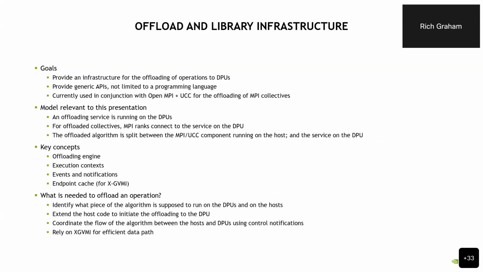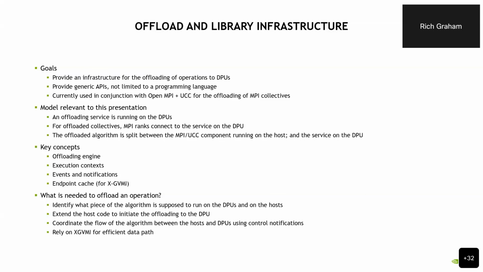From an offloading library infrastructure perspective, the goal is first of all to provide infrastructure that not just we can use for collectives in this case, but anyone that wants to do something else. It doesn't need to be a communication library.